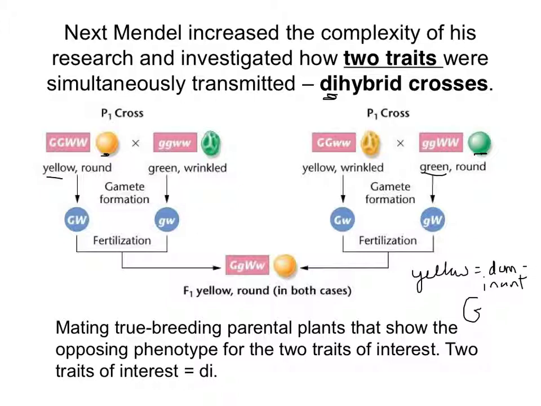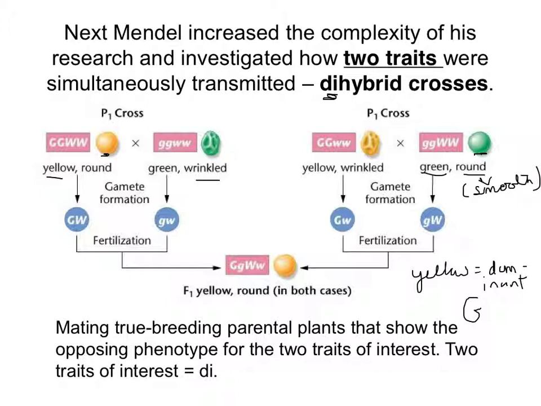The other trait that is being tracked here is seed texture. So pea seeds can be either wrinkled or they can be round, also known as smooth. Wrinkled or smooth, wrinkled or round means the same thing.